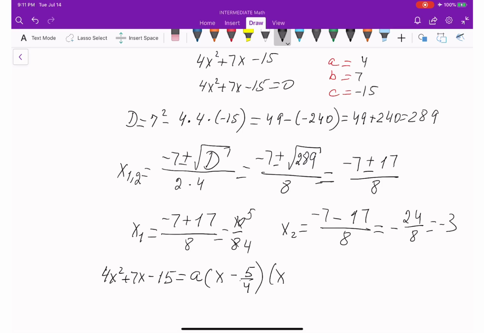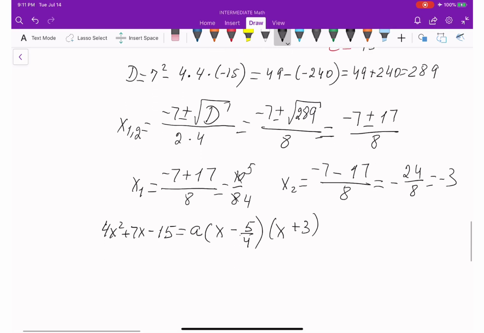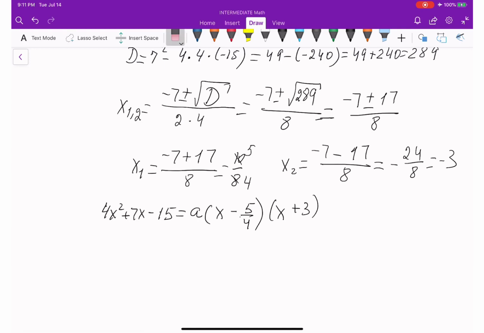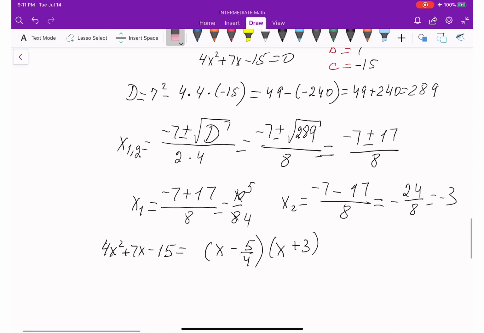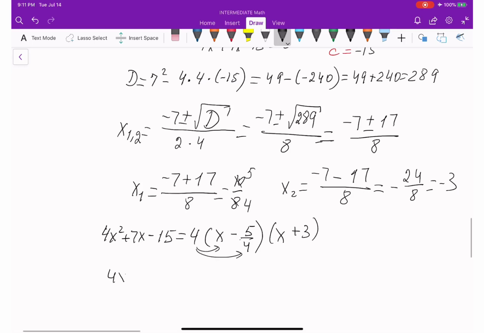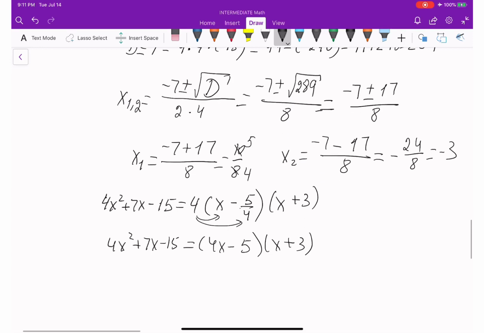And then x minus negative 3 will be plus 3. Okay. And my a is how much? 4. I am distributing. So 4x squared plus 7x minus 15 is equal 4x minus 5 and x plus 3. Okay?